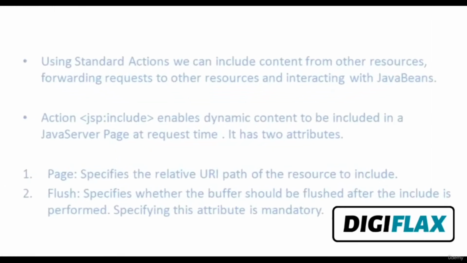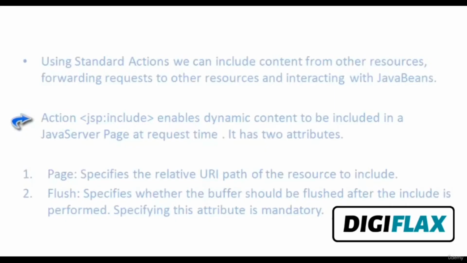Welcome friends. In this video tutorial, we are going to learn standard actions. Using standard actions, we can include content from other resources, forward requests to other resources, and interact with Java beans. Action JSP include enables dynamic content to be included in a Java server page at request time.